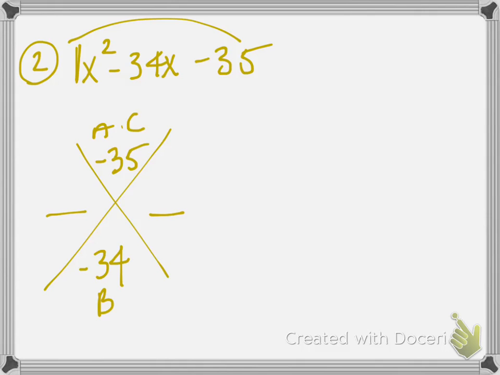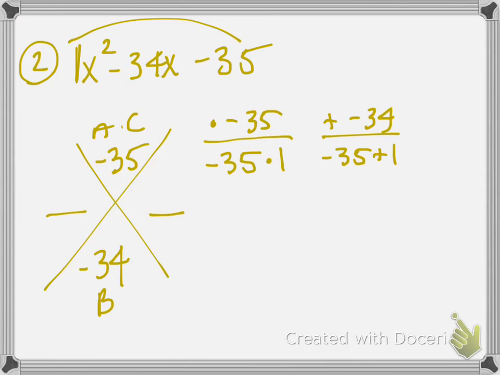So two numbers that multiply to negative 35 and add to negative 34. It's going to have to be negative 35 times 1. That'll be negative 35, and if I add those guys, I definitely get negative 34. So negative 35x and 1x.